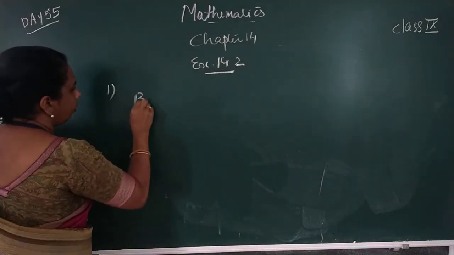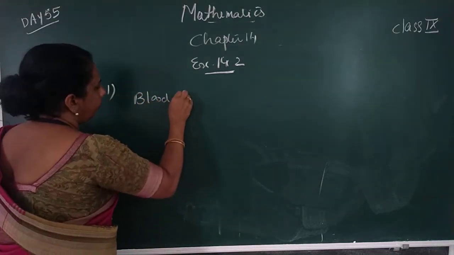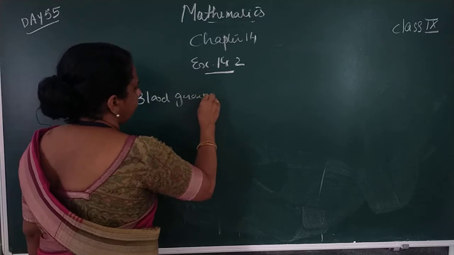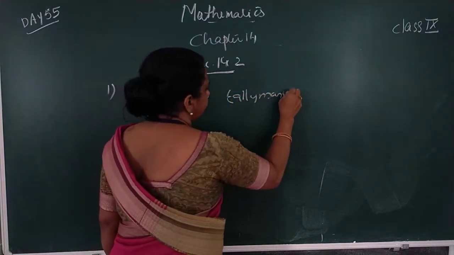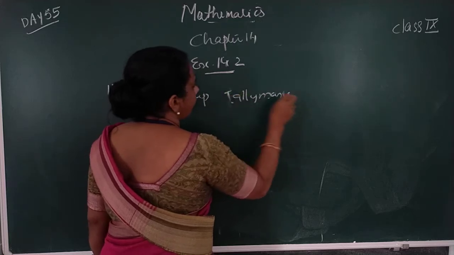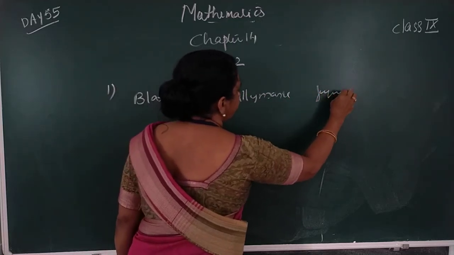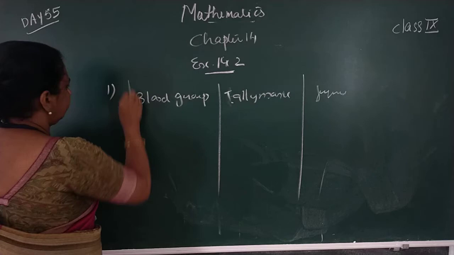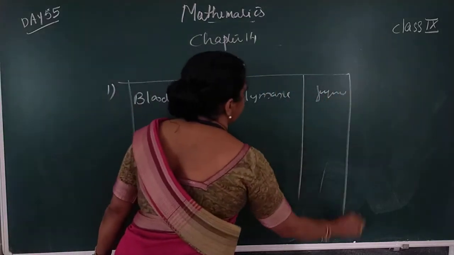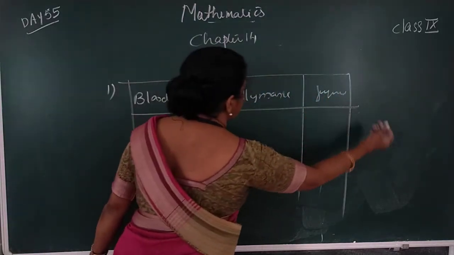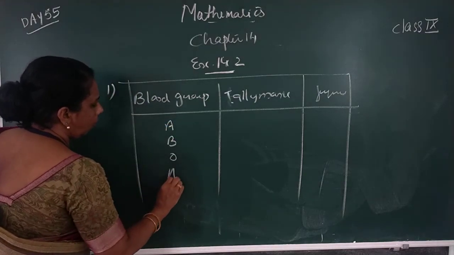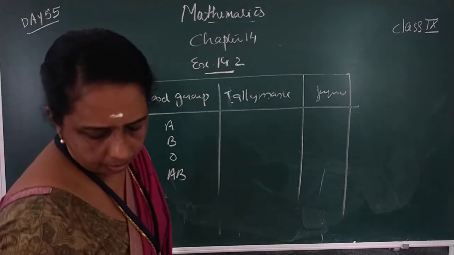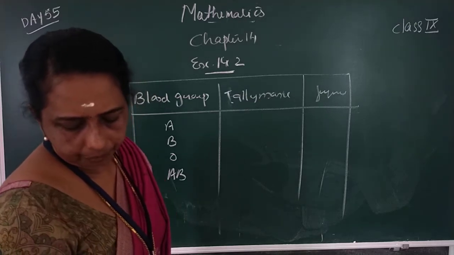First column, blood group, tally mark, and frequency. Blood groups A, B, O and AB.